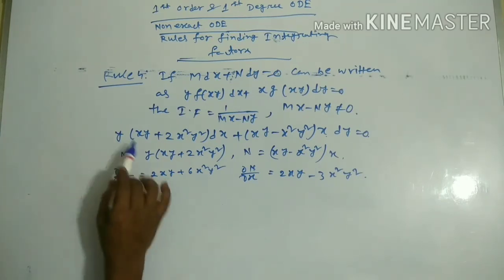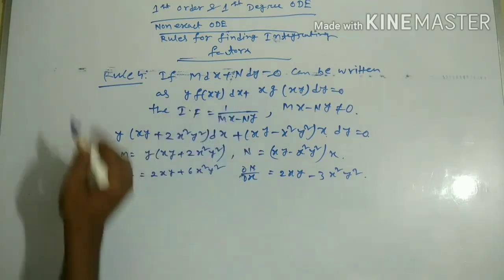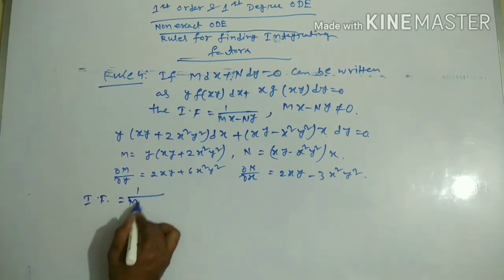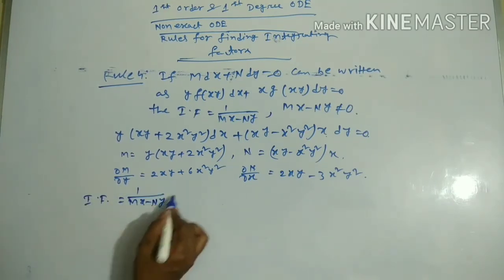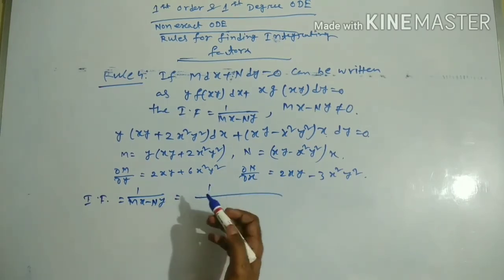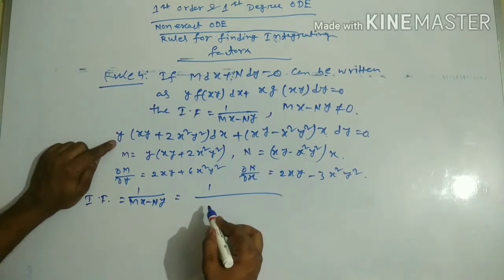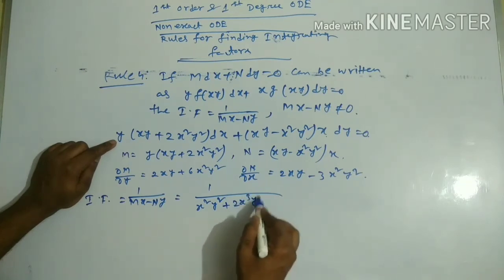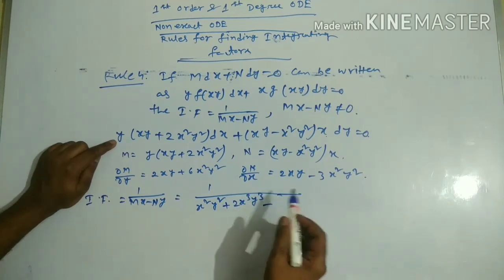So since this equation is in this form, we can apply this rule, and the IF will be 1 by Mx minus Ny. So Mx, I am doing directly, is 2x cube y cube minus Ny.